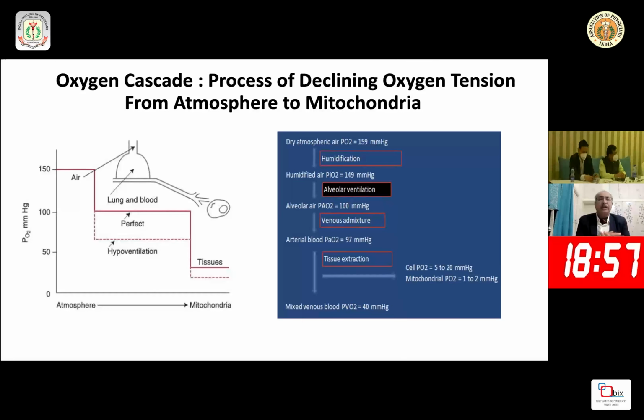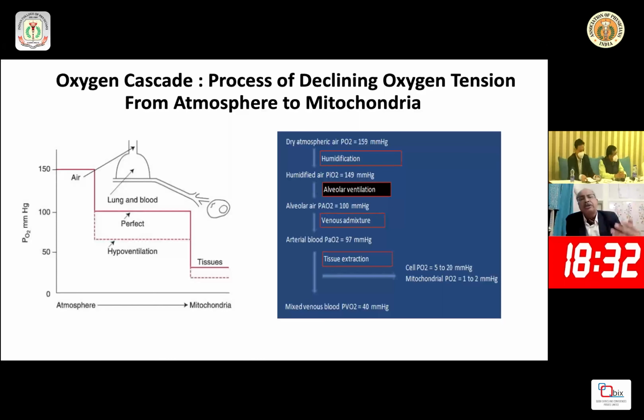When you start looking at this declining oxygen cascade, it starts from atmospheric pressure. When you calculate the alveolar oxygen, it is roughly from the atmospheric partial pressure of oxygen of 159, because there are nitrogen and other gases, and at the rate of 21% it turns out to be 159.